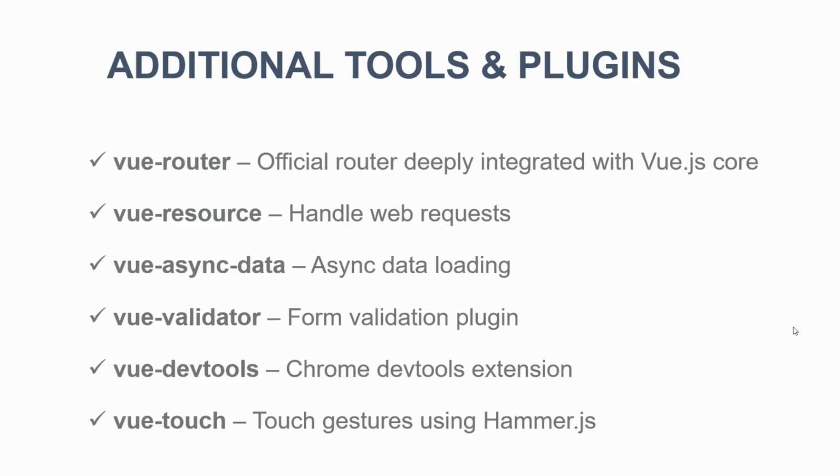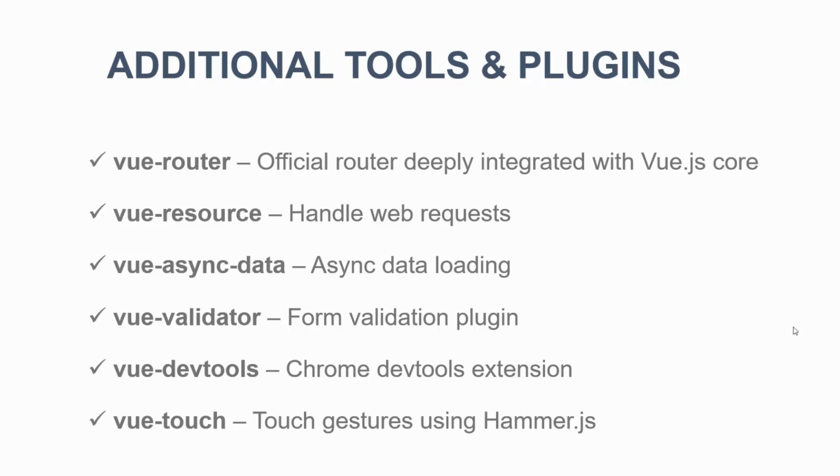So some additional tools and plugins to use with Vue. There's the vue-router, which I'll give you an example of. This is the official router, deeply integrated with the Vue.js core. We also have vue-resource, which is used for handling HTTP requests. Vue-async-data, which takes care of asynchronous data loading.